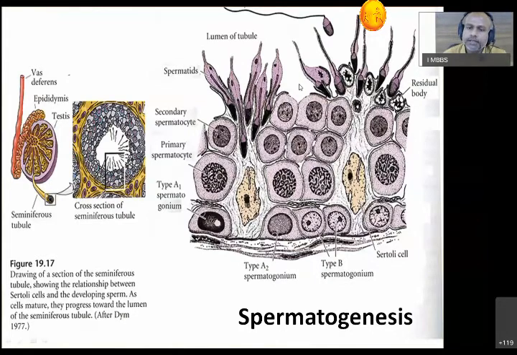They get separated, and the sperm get separated once they are released in the seminiferous tubule. Otherwise, the various stages of development of spermatogenesis are attached, with cytoplasmic bridges or connections between the cytoplasm of these cells.